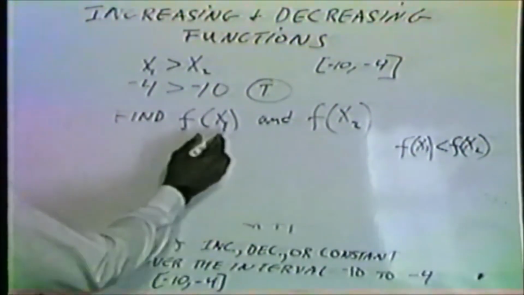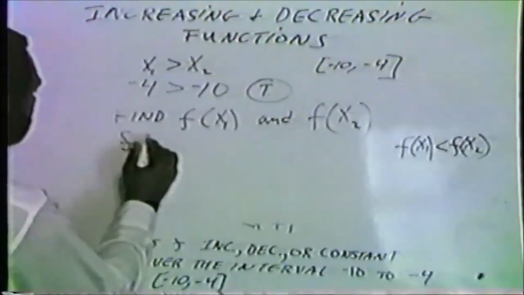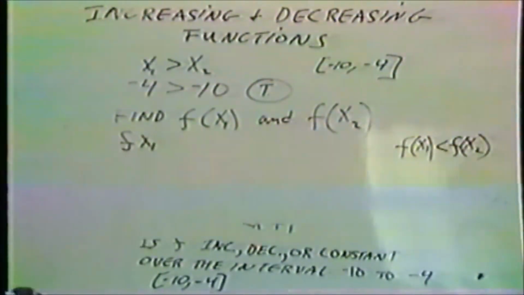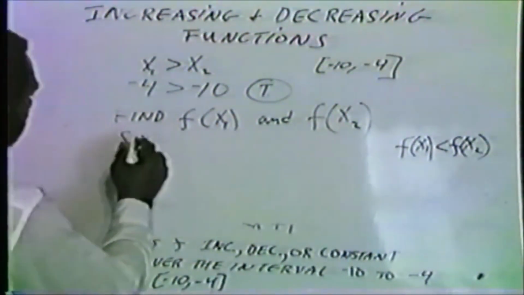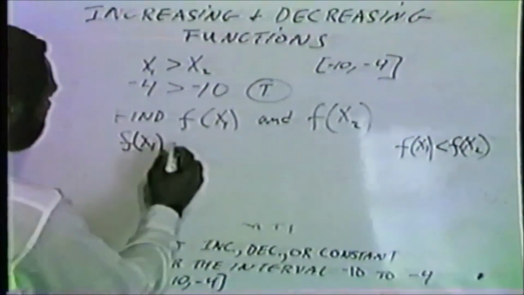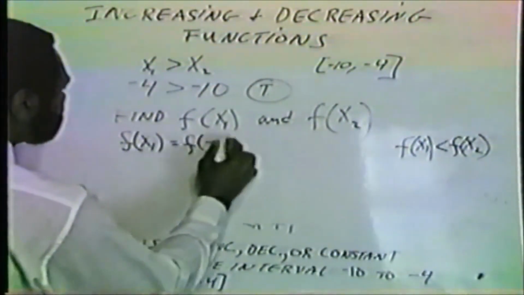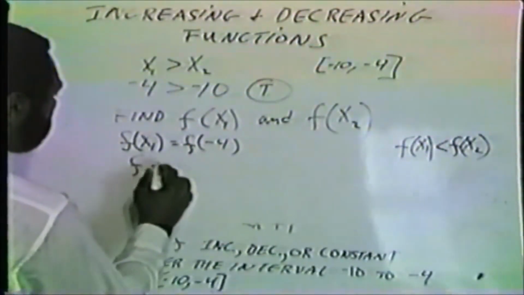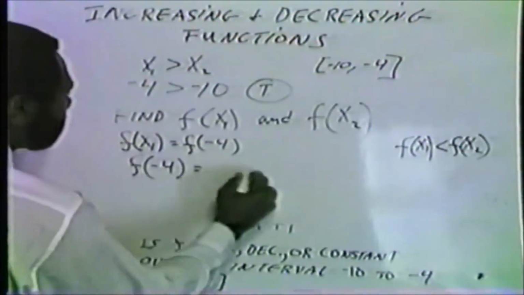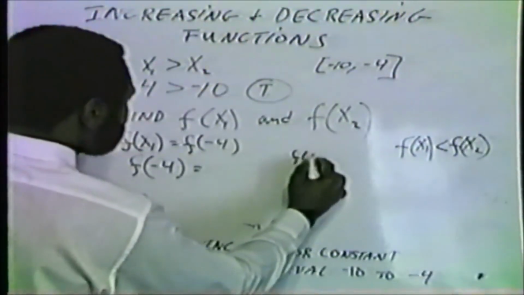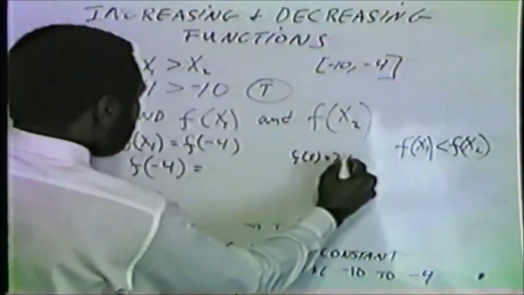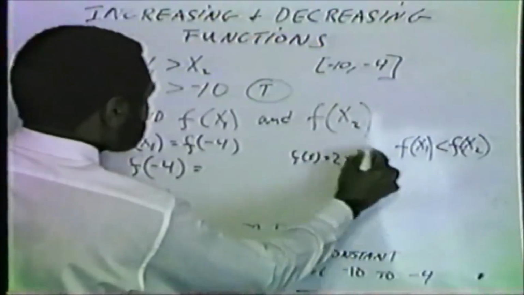Now, to find f of x of 1, we have to substitute the value for x of 1 into our original equation. So f of x of 1 would be equal to f of negative 4. Remember the original equation was f of x equals 2x squared plus 1.